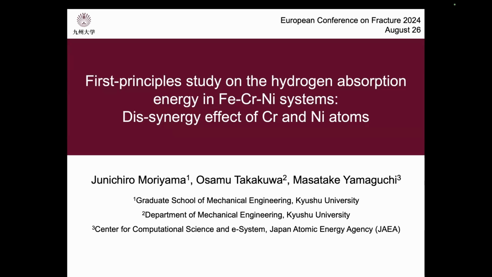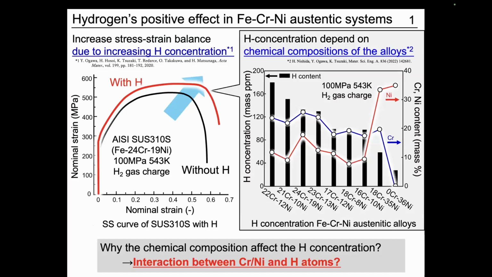Today, I'm going to talk about the study on the hydrogen absorption energy in iron chromium nickel ternary systems. In general, hydrogen decreases the strength and ductility of metallic materials. However, in some iron chromium nickel austenitic alloys, hydrogen increases the strength and ductility, like this graph.